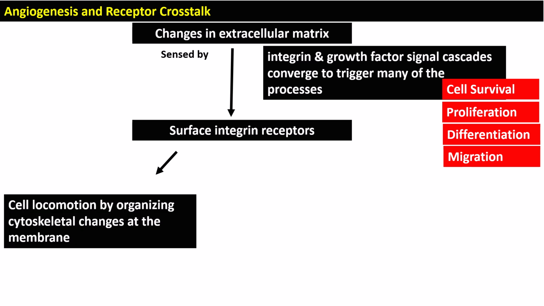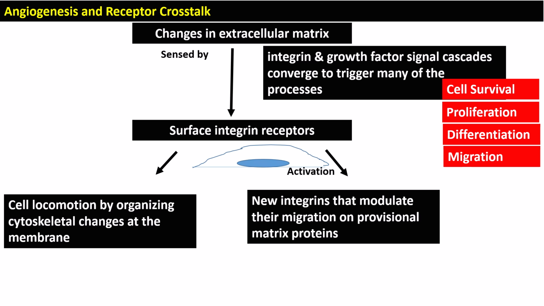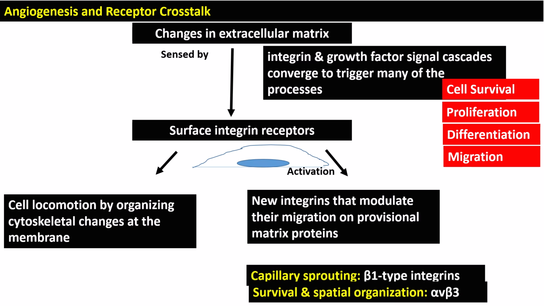So, cell locomotion by organization of the cytoskeletal changes at the membrane occurs. There is also activation of the endothelial cells that causes the new integrin formation or expression that modulate their migration, cell migration on provisional matrix protein.